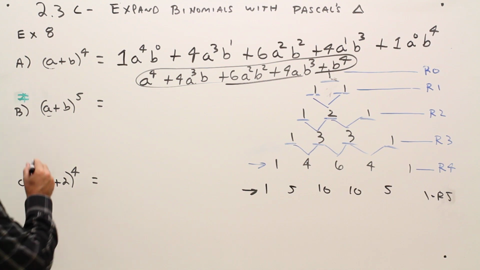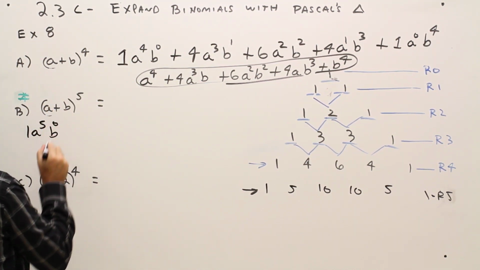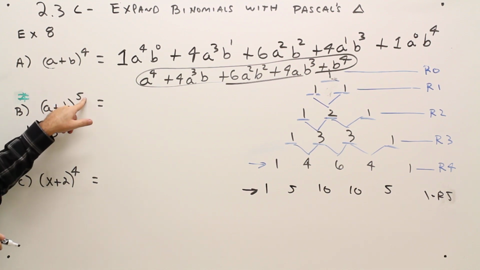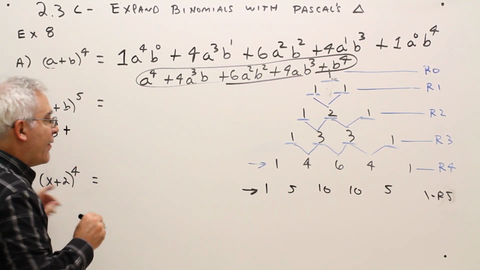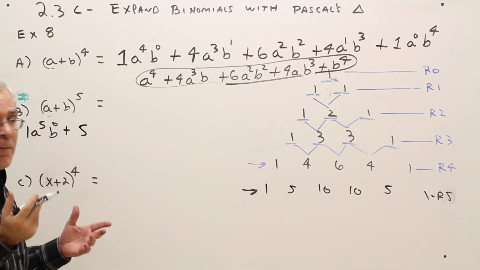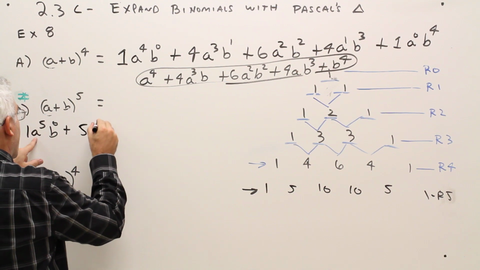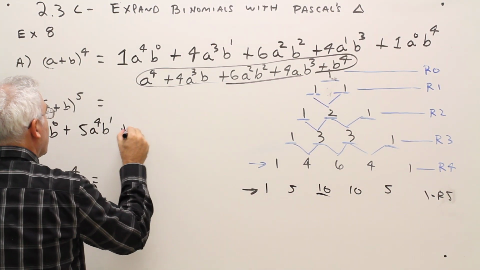So once again, 1a to the 5, b to the 0. First thing, super high. Second thing, super low. Plus, next coefficient is 5. Now I'm on easy street. Go down 1, a to the 4, b to the 1. Then I'm at a 10.